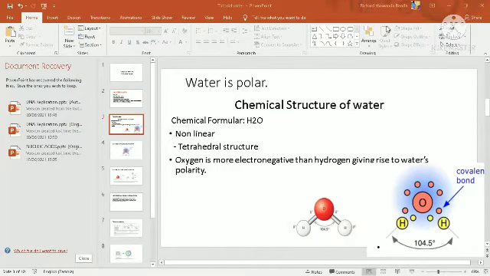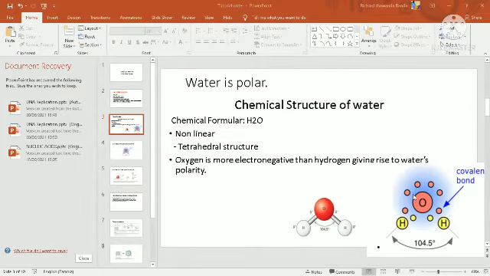Firstly, we'll talk about water's polar properties. Water is polar, and to understand this, we have to look at the structure of water. The chemical formula of water is H2O, and this simply means that it has two hydrogen atoms bonded to one oxygen atom.